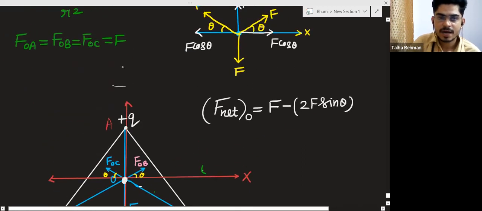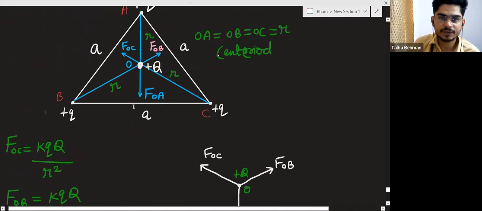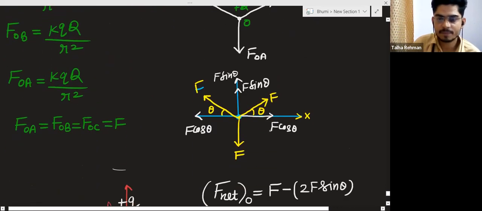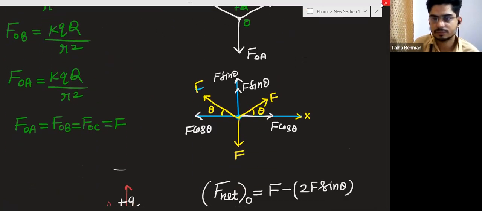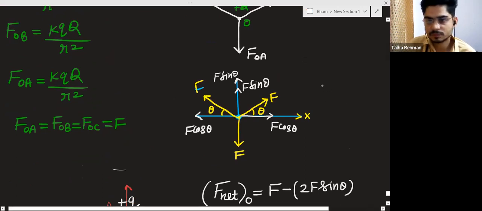And here theta is 30 degree because this is an equilateral triangle. Theta is equal to 30 degree.